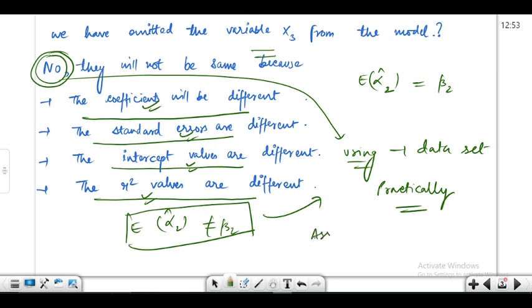That is why we assume that there should be no specification bias, because it will totally change the relationship between the independent and the dependent variable, and we'll get different coefficients and a different interpretation of the entire regression equation.